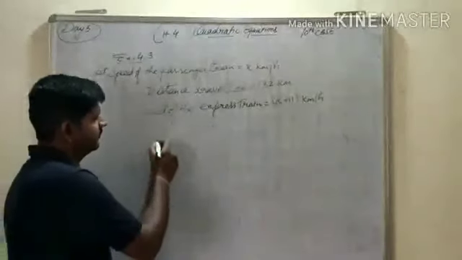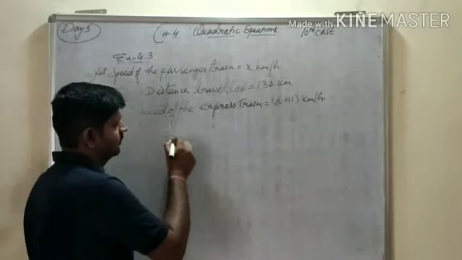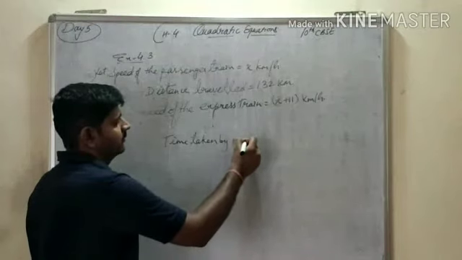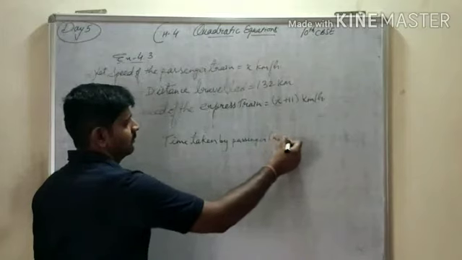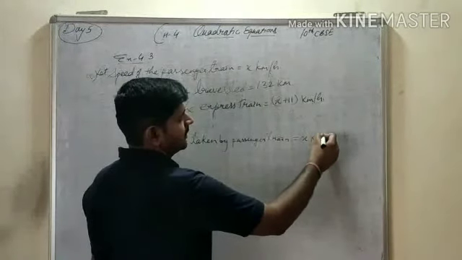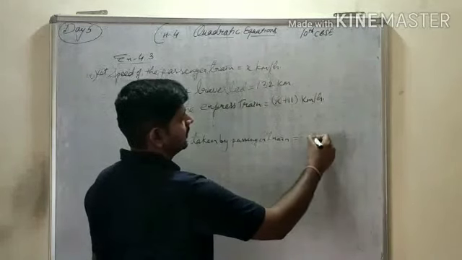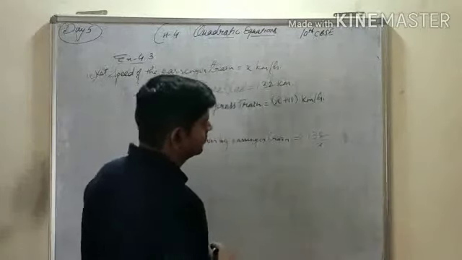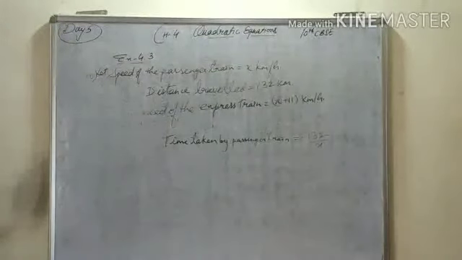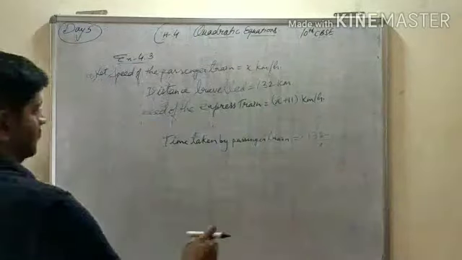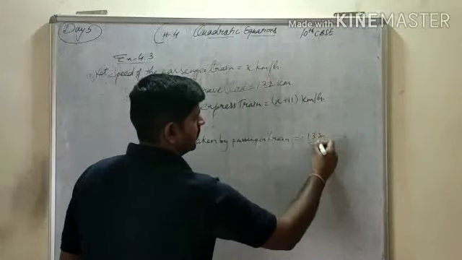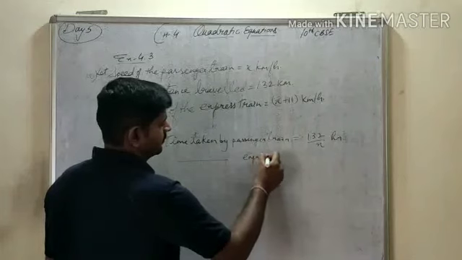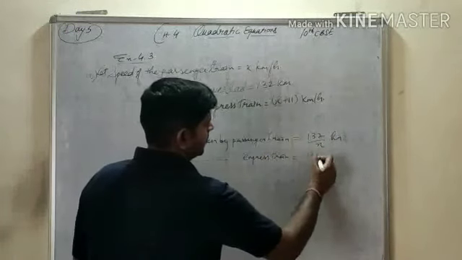So time taken by passenger train, which is x km per hour, is 132 upon x, and time taken by express train is 132 upon x plus 11.